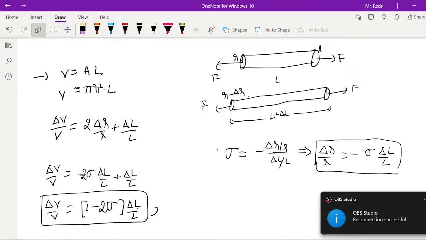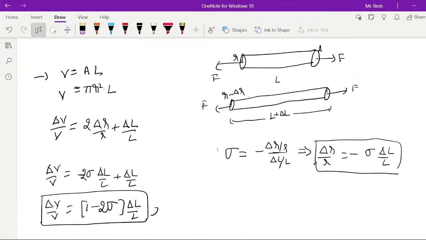Just a second. Yes, now it is reconnected back. Right.